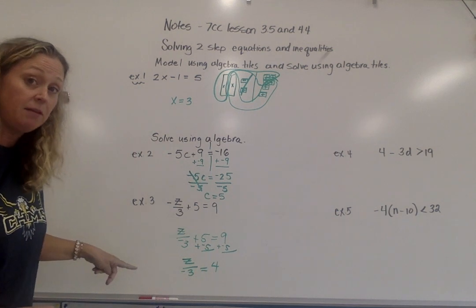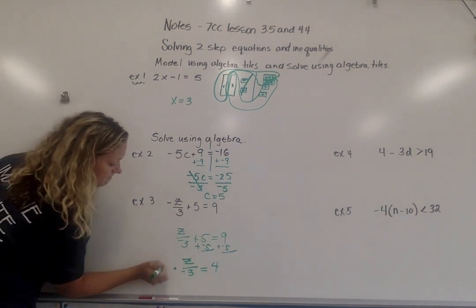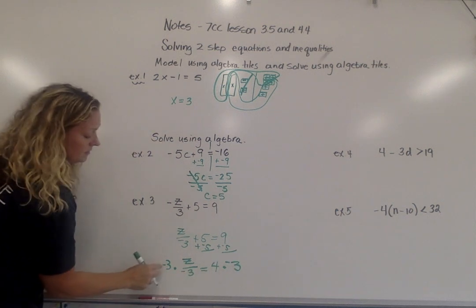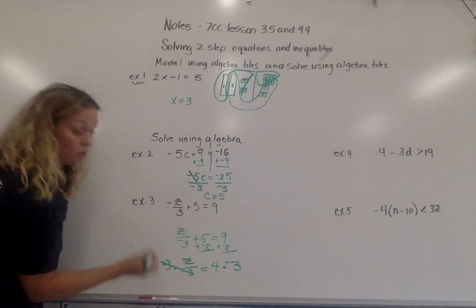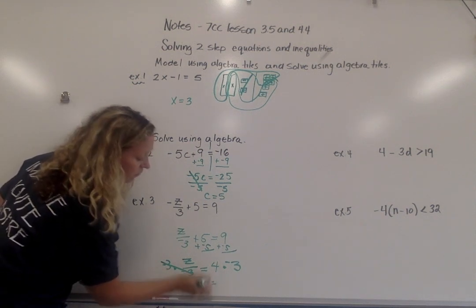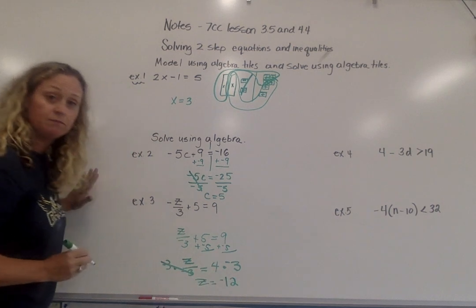Z is being divided by negative 3, so I need to multiply by negative 3 on both sides. Negative 3 times z divided by negative 3 is just 1z or z. And then on the other side, I have 4 times negative 3, which is negative 12.